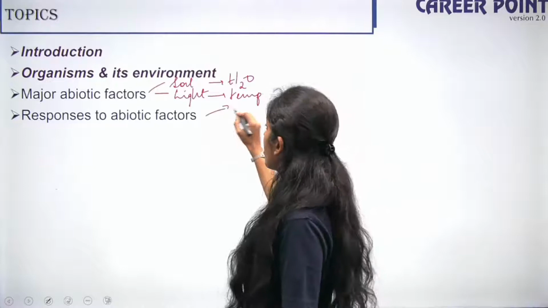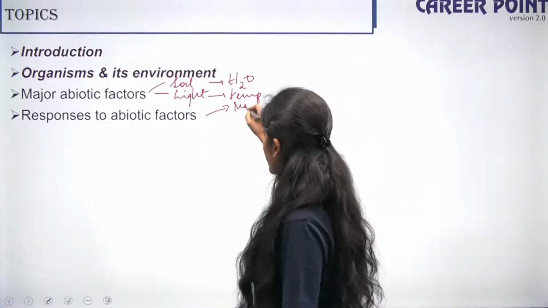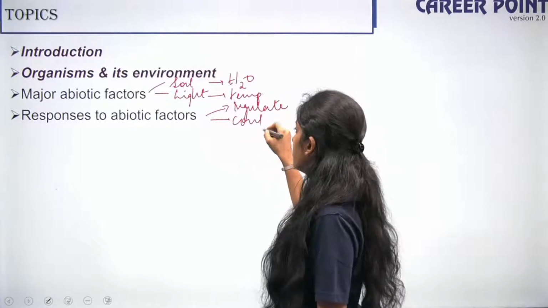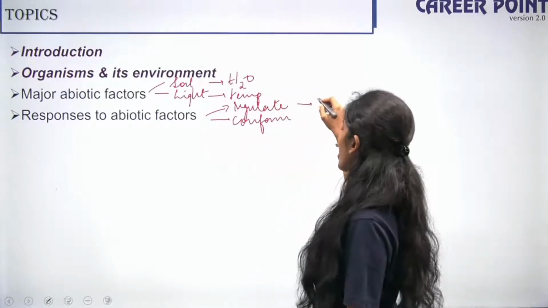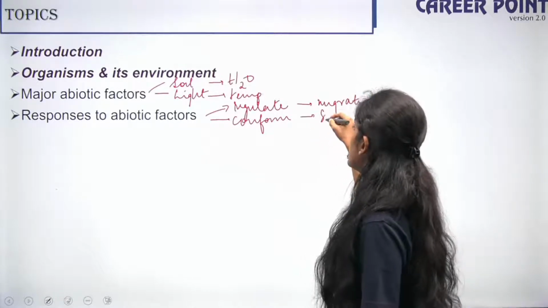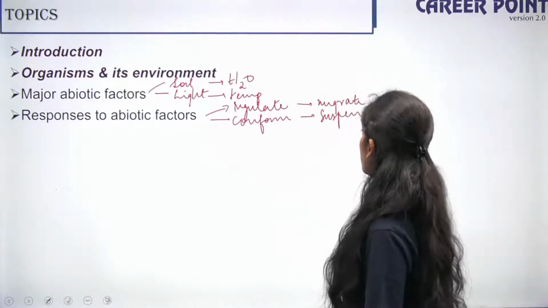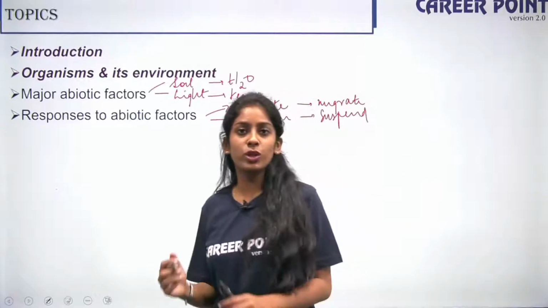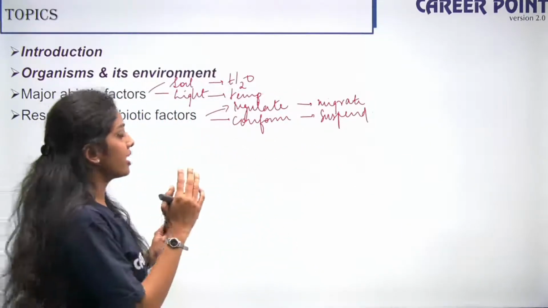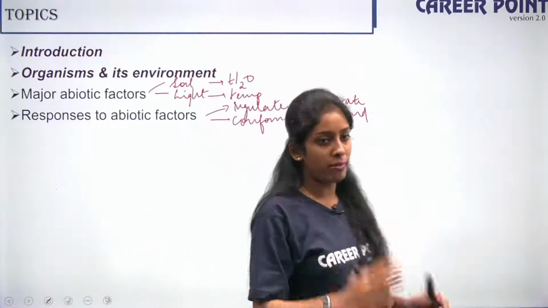So what are our responses? The first one, we try to regulate according to the temperature. Yes, we try to conform, we try to migrate, and finally we suspend when the temperature is unfavorable. Example, bears which try to hibernate, right?